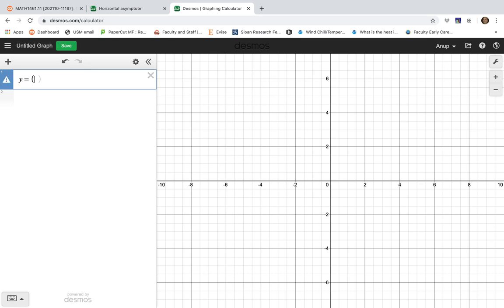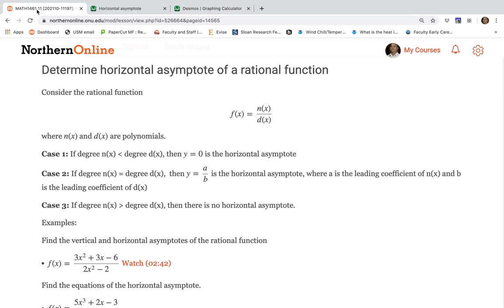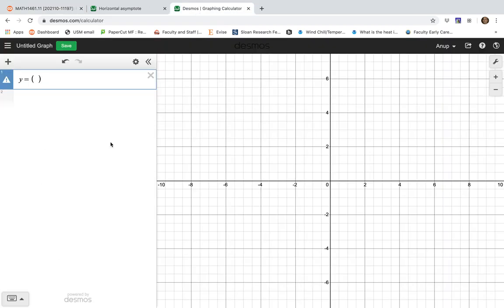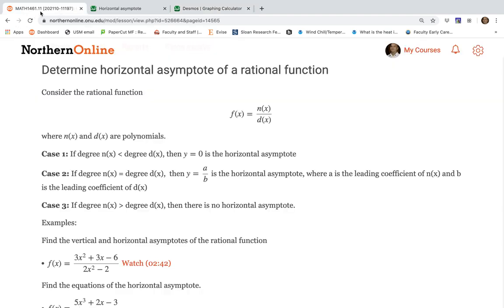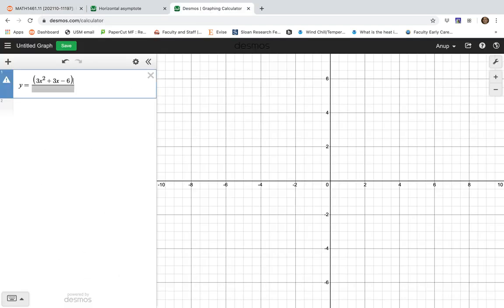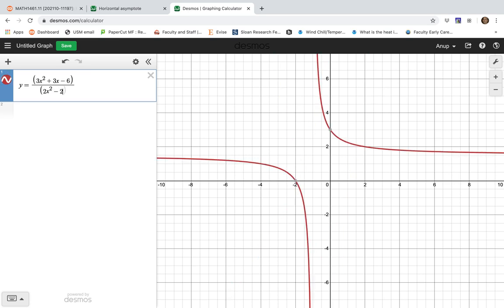Okay, let's go ahead and do that on Desmos. y is equal to, what was the polynomial on the numerator? 3x squared plus 3x minus 6, and then divided by, what is the polynomial on the denominator? 2x squared minus 2. What did I say earlier?